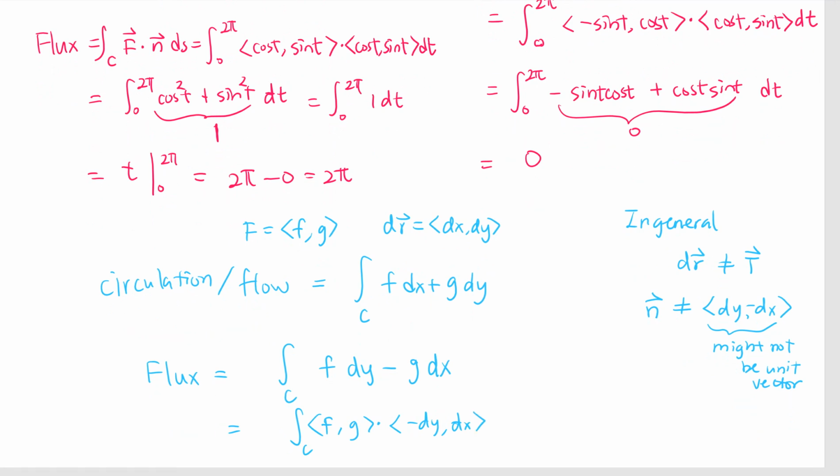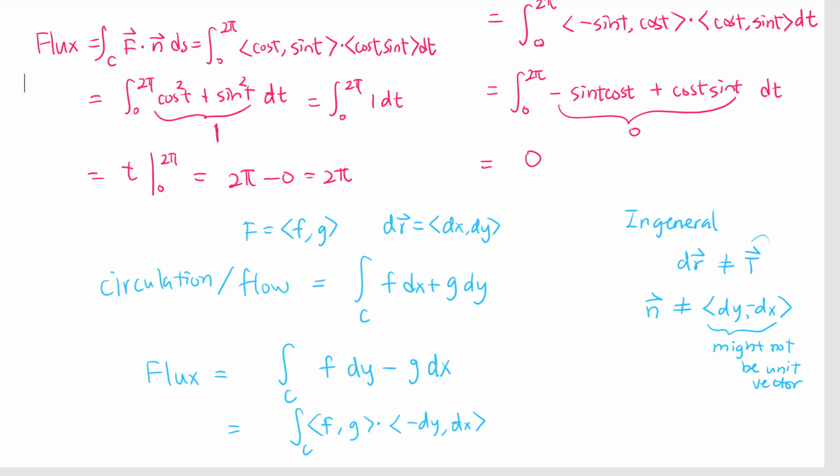So in general, think about that. We know that this is like a velocity, and they have the same direction. These two have the same direction, but they're not the same: just the direction is the same, but the magnitudes are different.